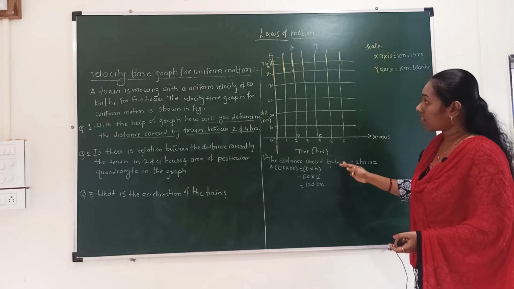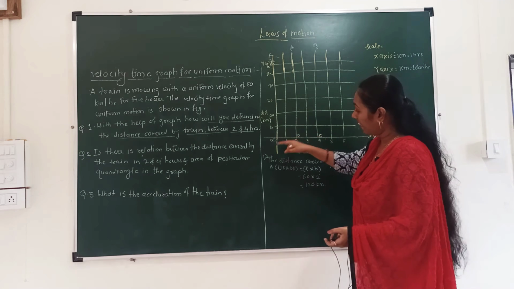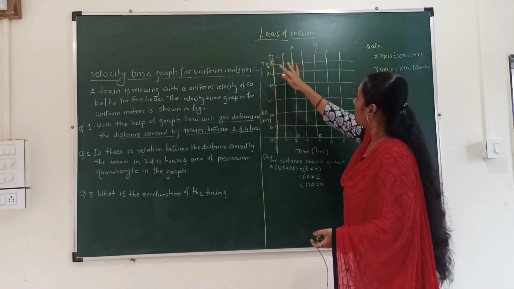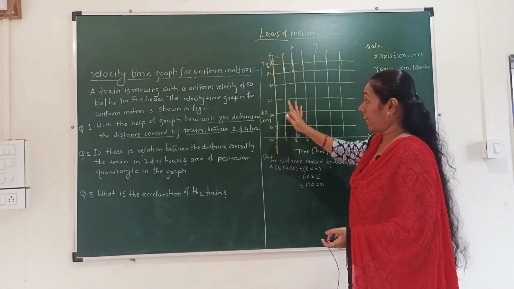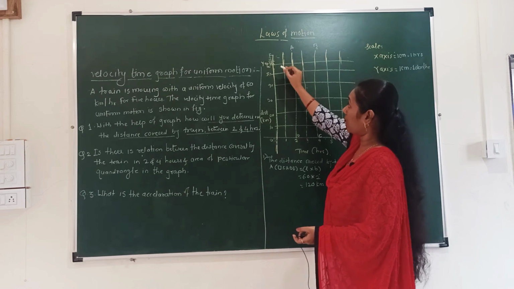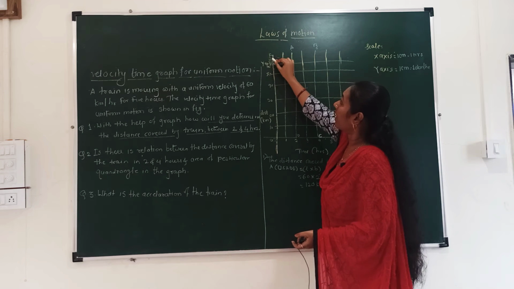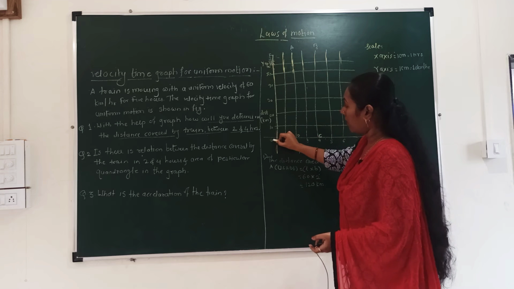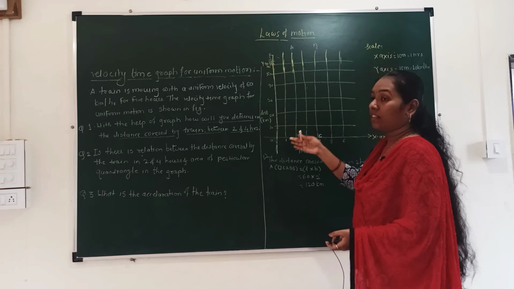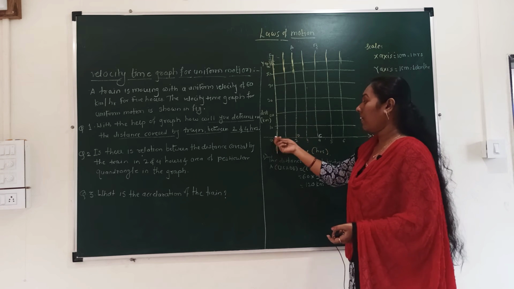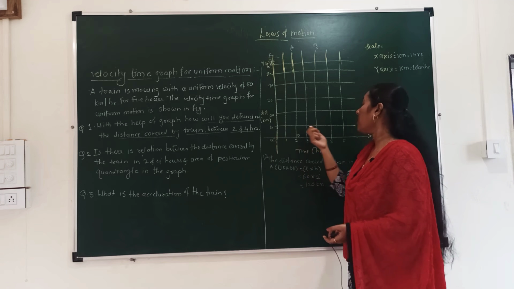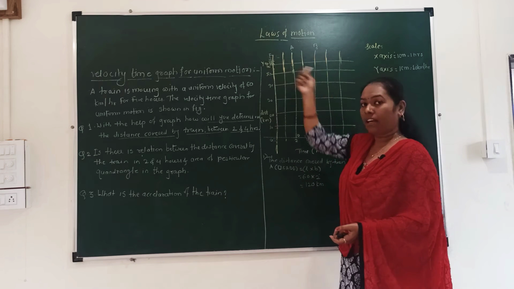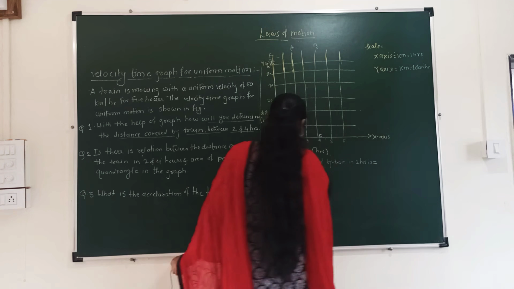For 4 hours, we take the rectangle. The whole area of this rectangle is nothing but the area of rectangle FBCE, or you can take the area of rectangle ECBF.